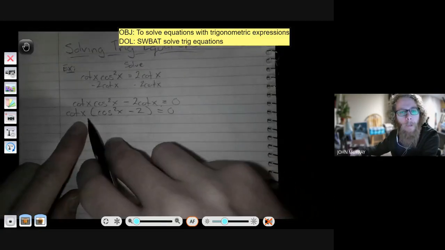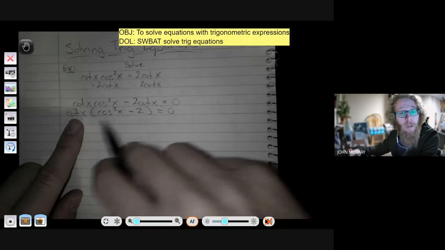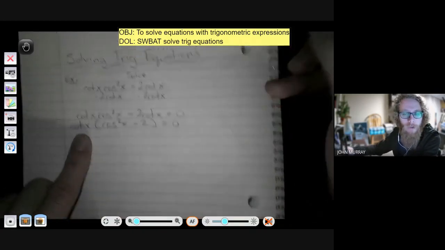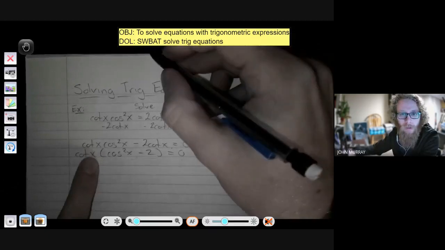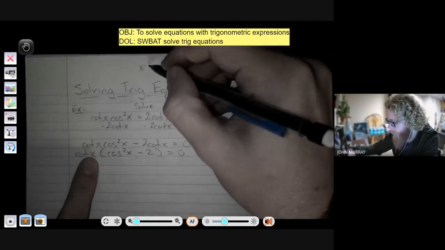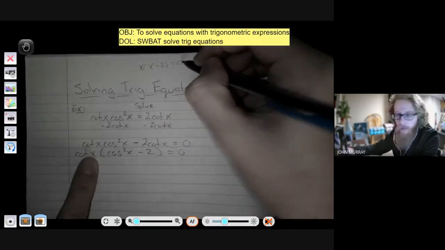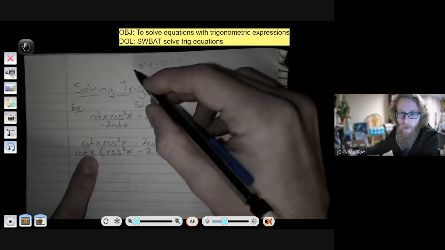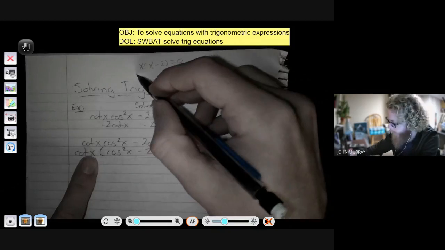Here, though, I use my multiplying property of 0. If I was dealing with normal equations, this might look something like x times x minus 2 equals 0. If I have something like this, we split it up. That's one of our basic rules of solving quadratics.